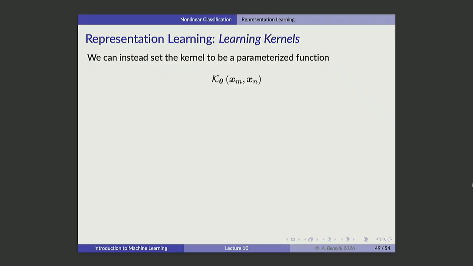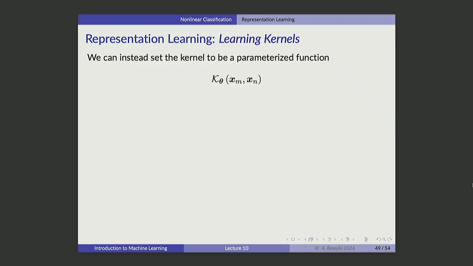Or one easier thing that people used to do, instead of applying your kernel directly on these data points, you first transform your data to another space by a linear transform, right? So instead of having xm as my data point, you multiply xm by one matrix W, that you just leave to be tuned.